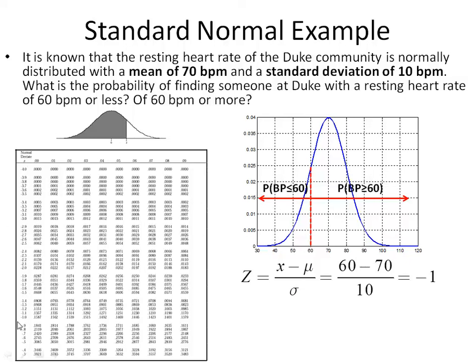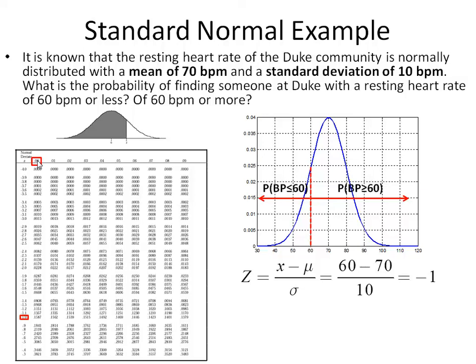So if our Z value is -1, we go to the first column that says Z. We look down till we find -1. And these Z tables go out to the hundredths place. So we go down and find -1, and to be more specific, -1.00.